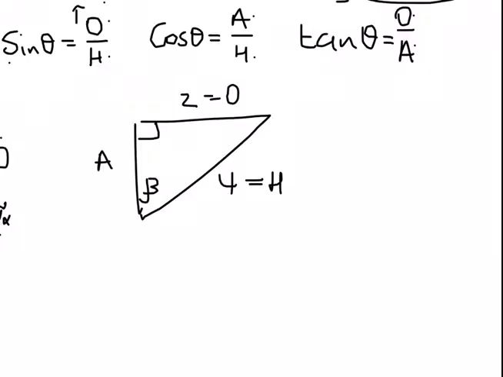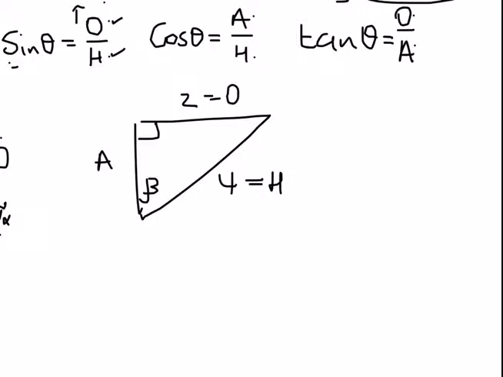Let's see. What are you given? You are given opposite and hypotenuse. Which trigonometric ratio has opposite and hypotenuse? Could it be sine? Let's see. Oh, yes. Sine is the ratio of opposite and hypotenuse.